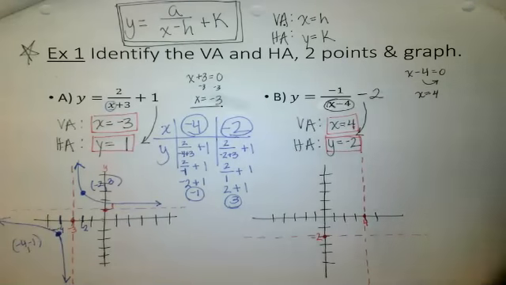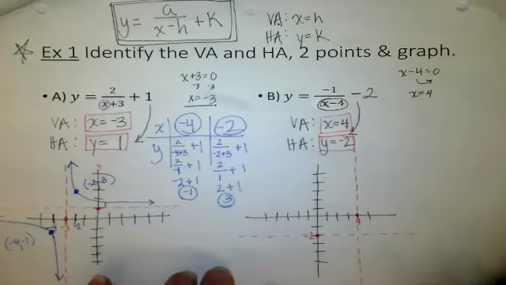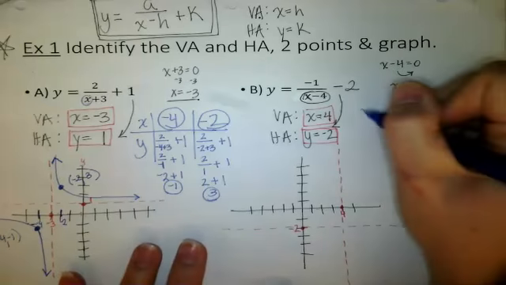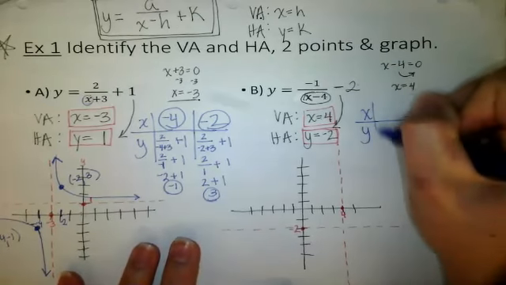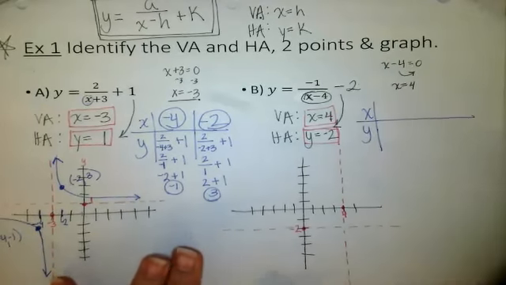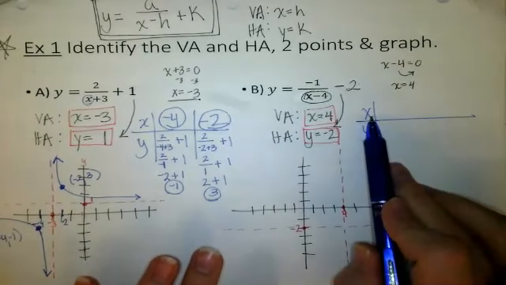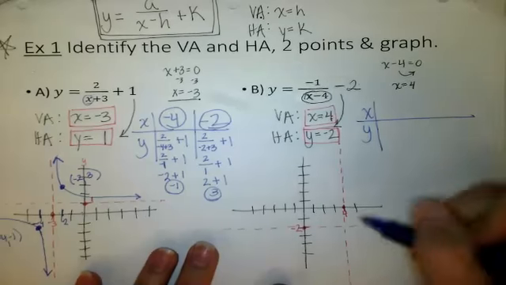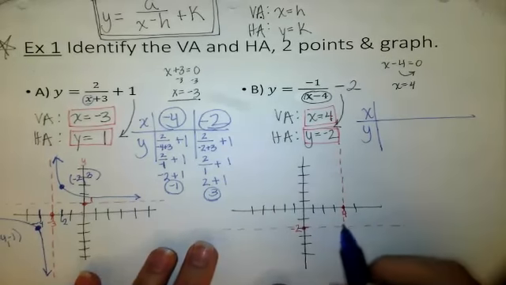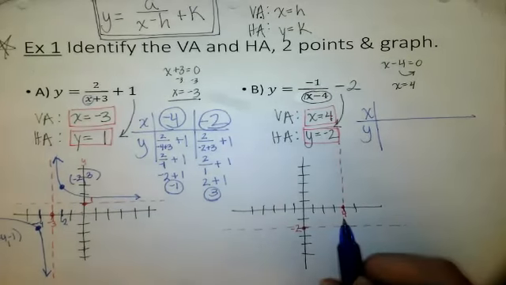And so now you can see we've got our boundary lines set up. Having another color to do that in today is going to be really helpful. It gives you some guidelines to work with. And now we need our little x-y chart. To figure out what numbers to use for x, I want to go to my vertical asymptote, my vertical line, and I want a number to the left and a number to the right.